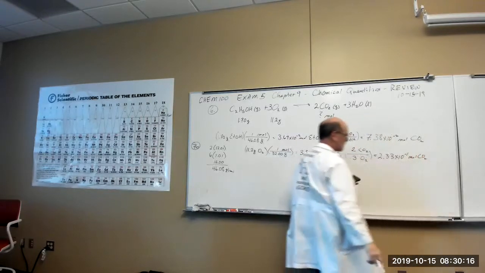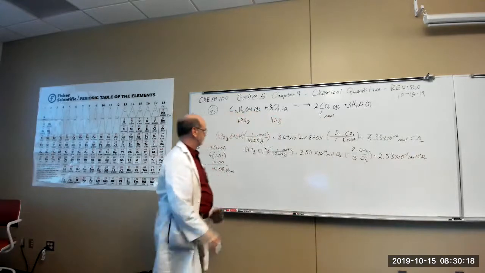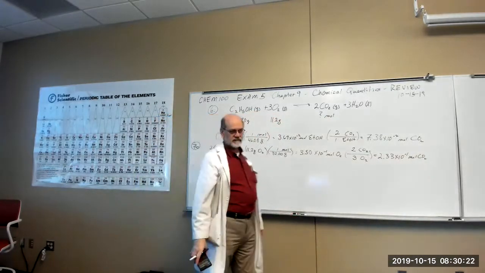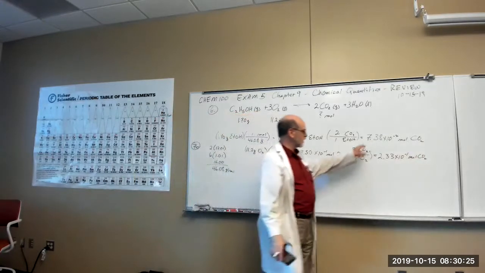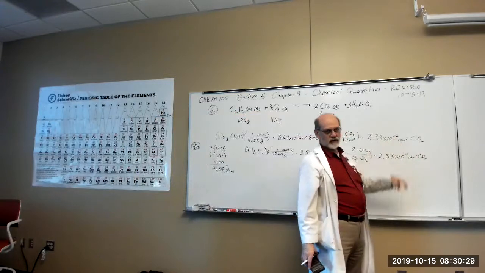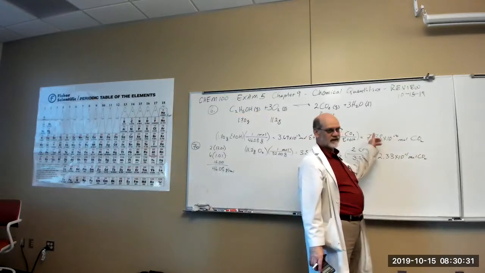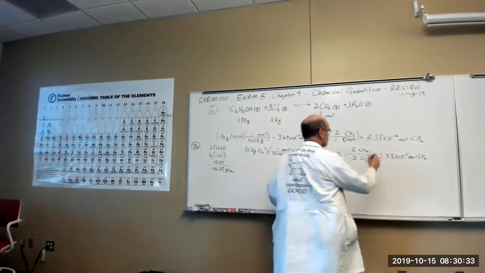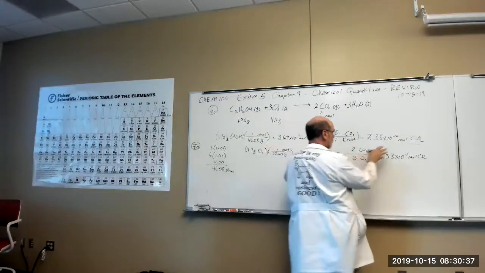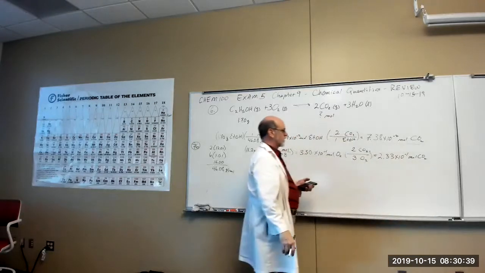Okay, so which one's limiting? This is scientific notation, right? 10 to the minus 1, 10 to the minus 2, which one's smaller? Yep. So this is the limiting one. And at the same time, it gives you the number of moles of carbon dioxide.